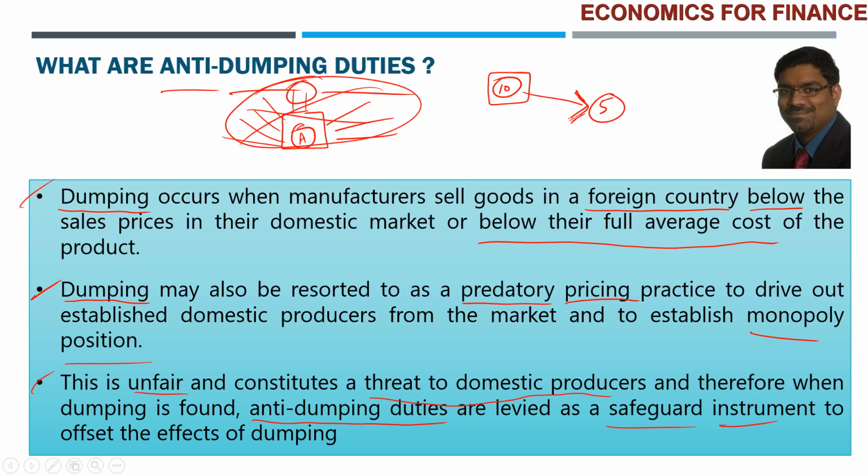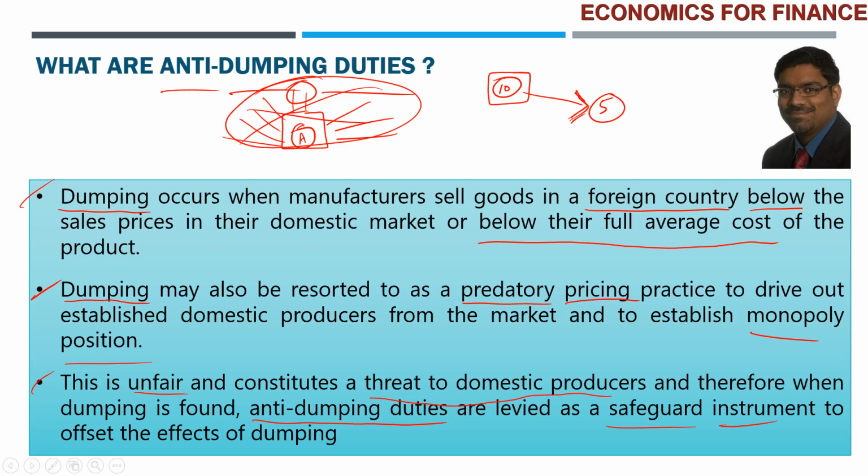So what is dumping? What is anti-dumping duty? Dumping is the practice where manufacturers from foreign countries sell their products or services in the domestic market below their full average cost or below the prices which they would have sold in their domestic market.